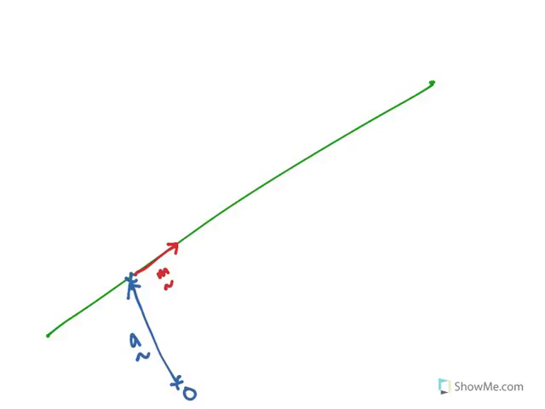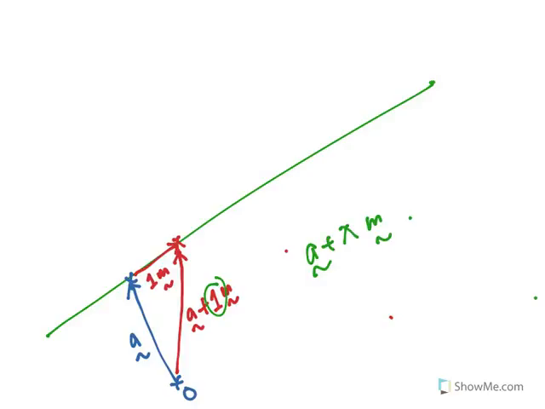Then the M is the direction vector. Say I put one time of M, then this position vector here is A plus 1M. If I manipulate this, it can become a lambda. So I can represent any point on this line using A and M. Then line L can be represented.